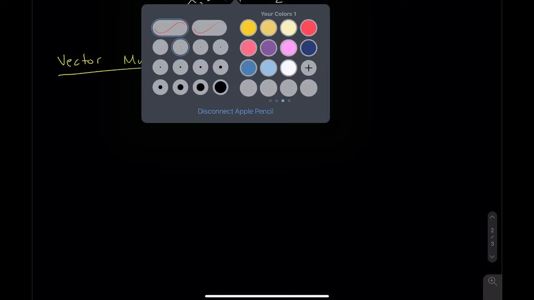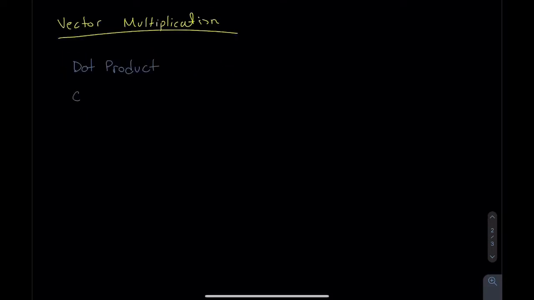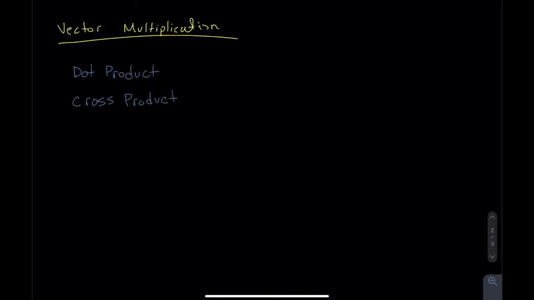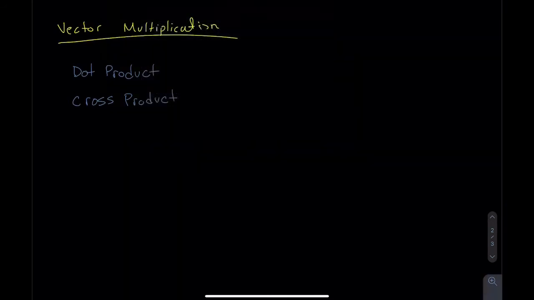We can either do what we call the dot product, or the cross product. And these are two different ways to measure or to multiply vectors together. I'm going to tell you up front right now, and then I'm going to explain them. When we use the dot product to multiply two vectors together, the result is a scalar.